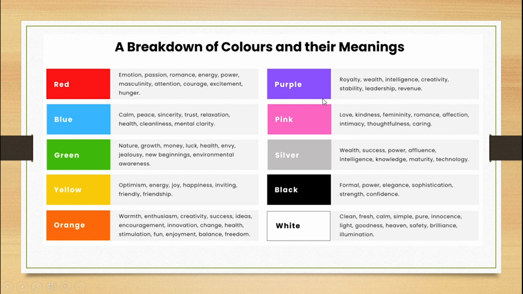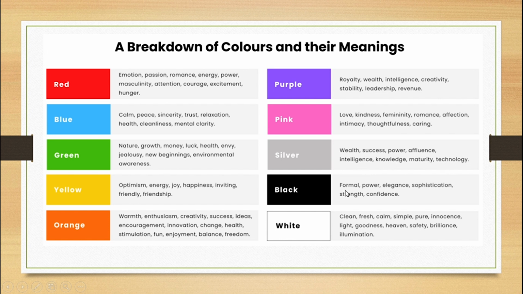Purple. Purple represents royalty, wealth, intelligence, creativity, stability, leadership, revenue. Pink. Pink represents love, kindness, femininity, romance, affection, intimacy, thoughtfulness, and caring. Silver. Silver represents wealth, success, power, affluence, intelligence, knowledge, maturity, technology.